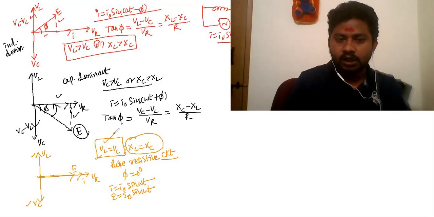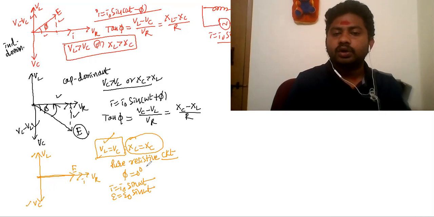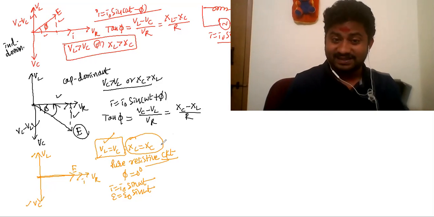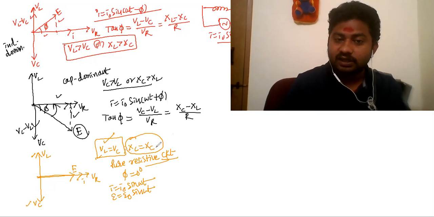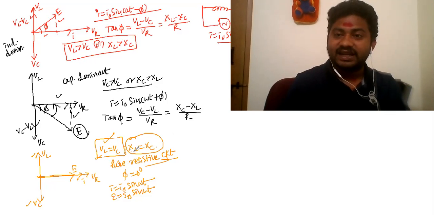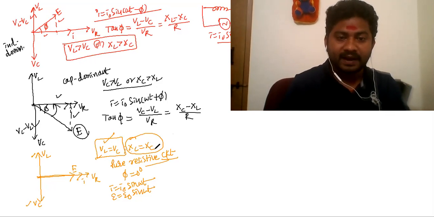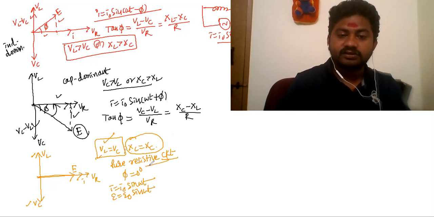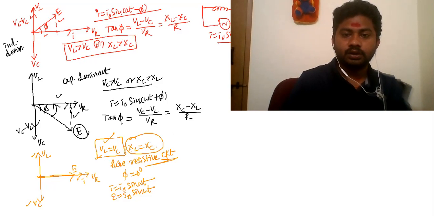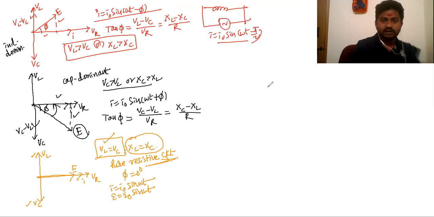If these two are equal, the circuit becomes pure resistive. Clear. And when XL is equal to XC, inductive reactance is equal to capacitive reactance, and we get a pure resistive circuit. Okay, so no confusions, my dear children, here.